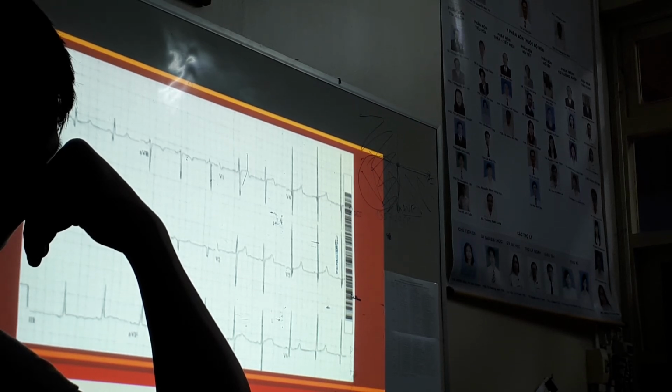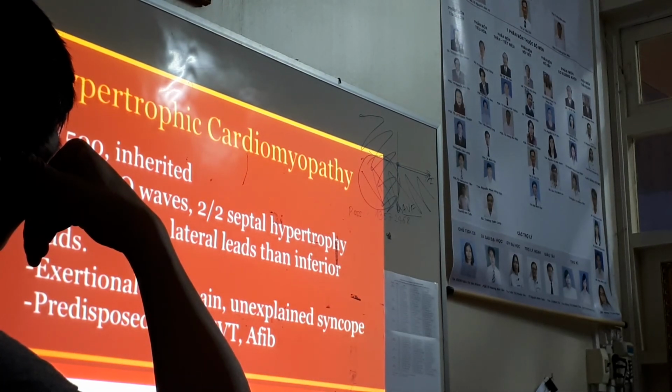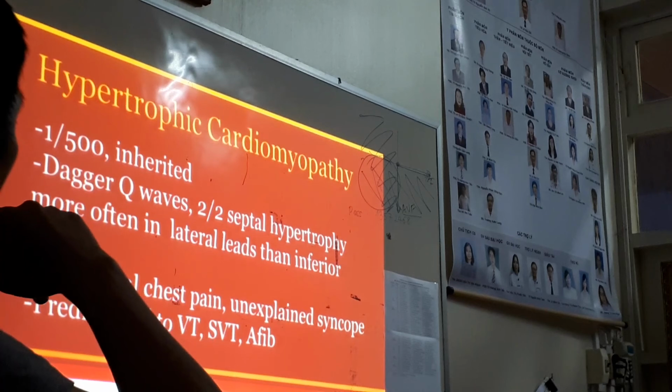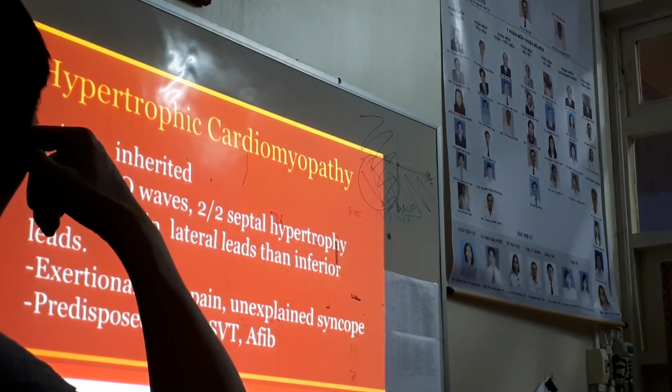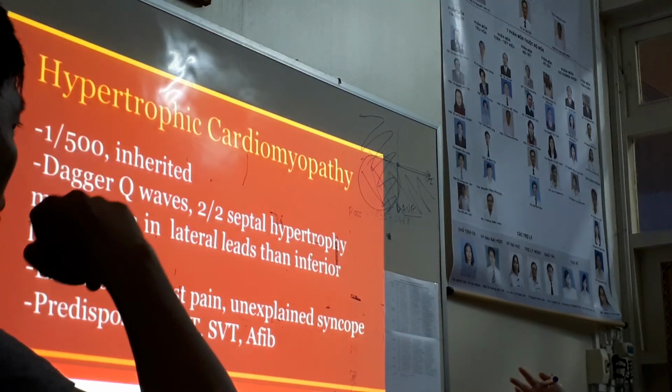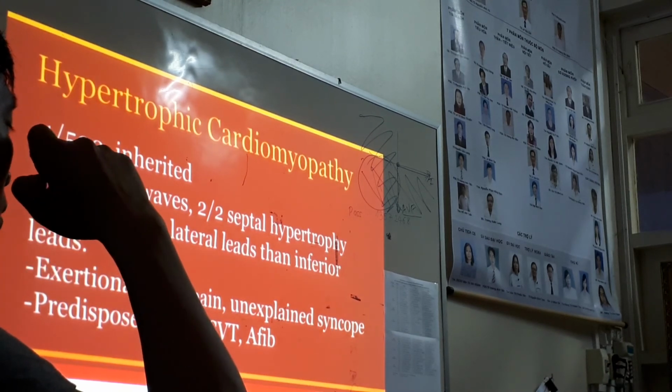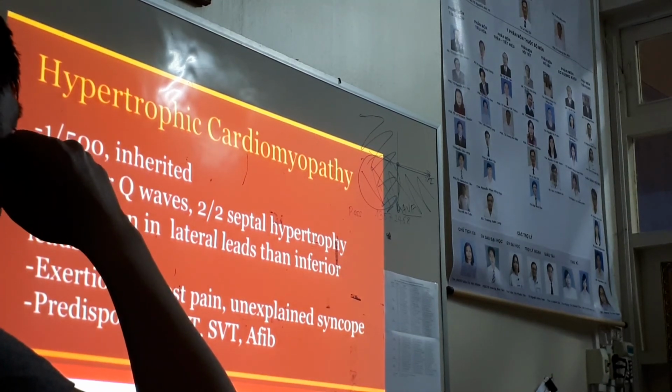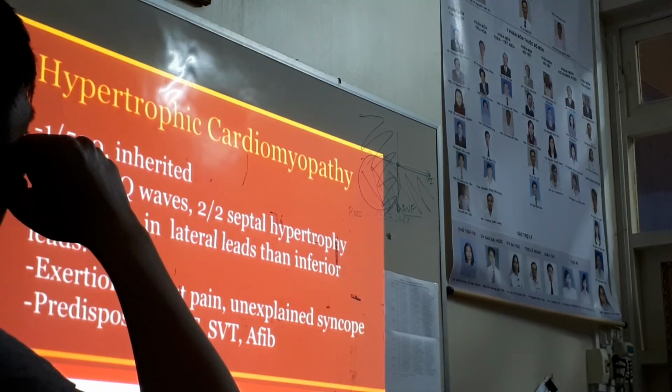That's hypertrophic cardiomyopathy. They are called dagger Q waves, and you have unexplained syncope. This can cause you to go into VFib arrest when your heart rate goes too high. The aortic outflow tract will be blocked by the septum, and they'll pass out.